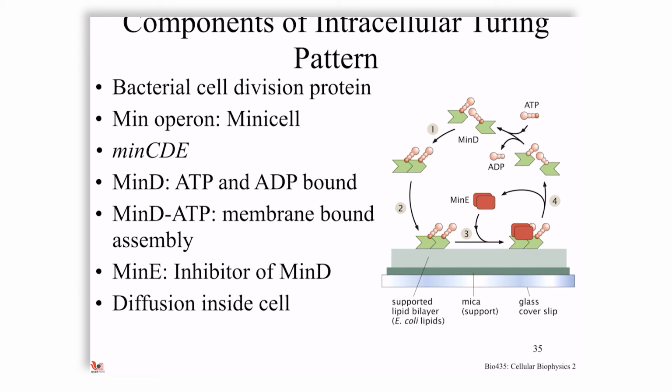At the same time, MinE is produced by the same operon, which is an inhibitor of MinD, and it removes the MinD if it is found to be bound on a lipid bilayer, resulting now in a kinetic and an oscillatory behavior where MinD attaches to ATP, binds to the membrane, and then the moment it does that, if there's any MinE around, it will result in its dislodgement and its release of ATP in exchange for ADP, which of course then starts the cycle again.